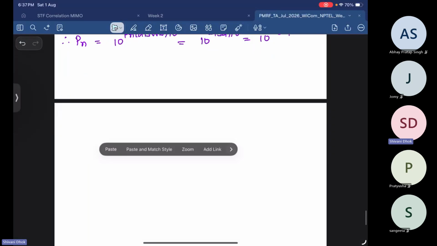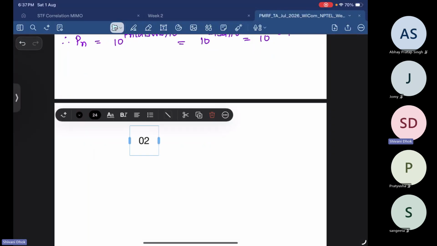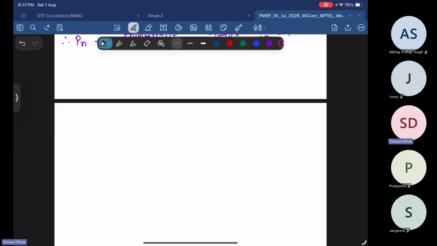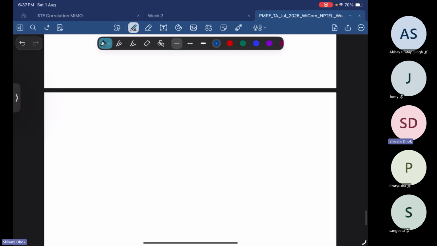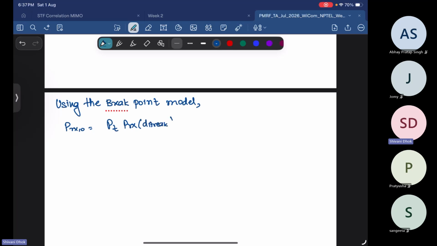So using the breakpoint model, PRX0 is your transmit power into PRX at D break into D break by D to the power n, or R to the power n.